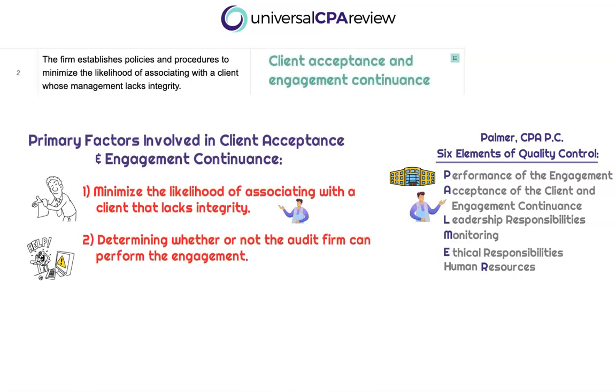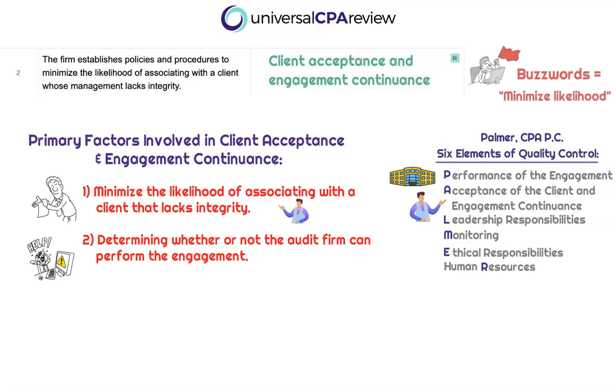The firm establishes policies and procedures to minimize the likelihood of associating with a client whose management lacks integrity. Okay, so anytime you're thinking about minimizing the likelihood of associating with a client whose management lacks integrity, we got to think about the A in Palmer. Before we accept a client, we want to make sure that we're not associating ourselves with somebody shady, right? Somebody who's going to get us in trouble.